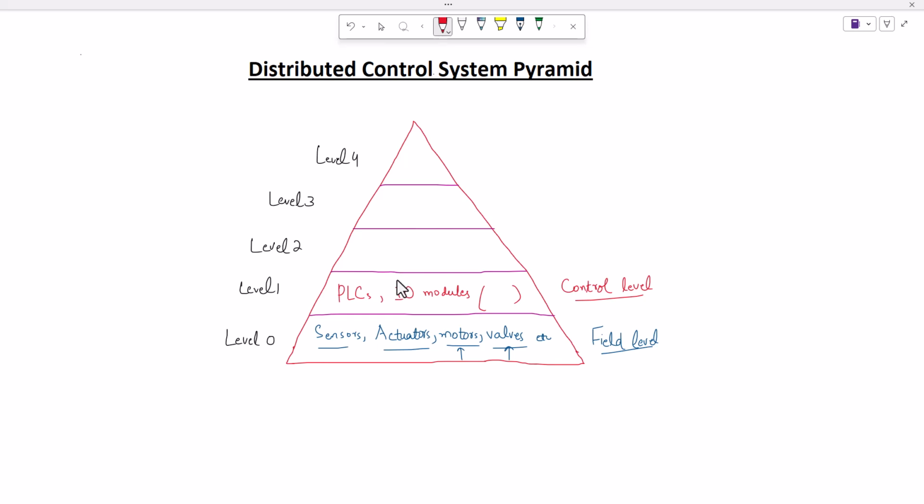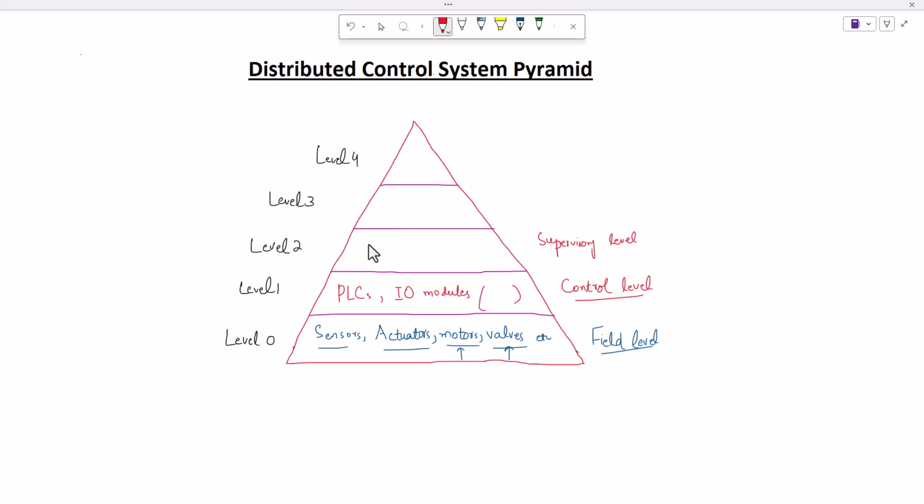If we move one step above, we have level 2, and this is the supervisory level. The plant operators monitor the process parameters, and they then take appropriate steps according to the process requirement.